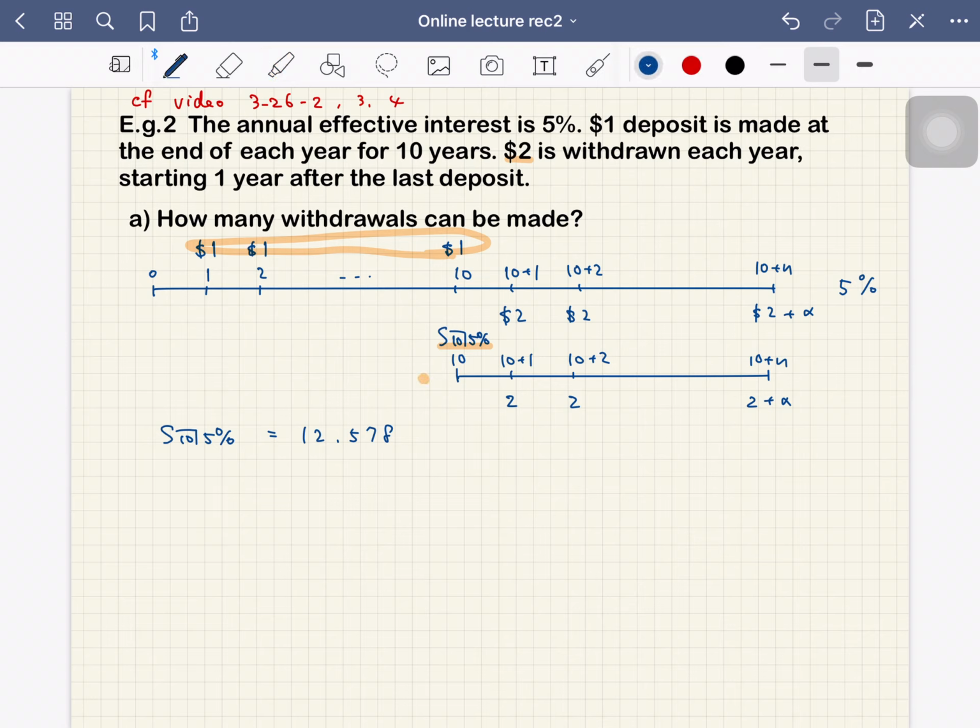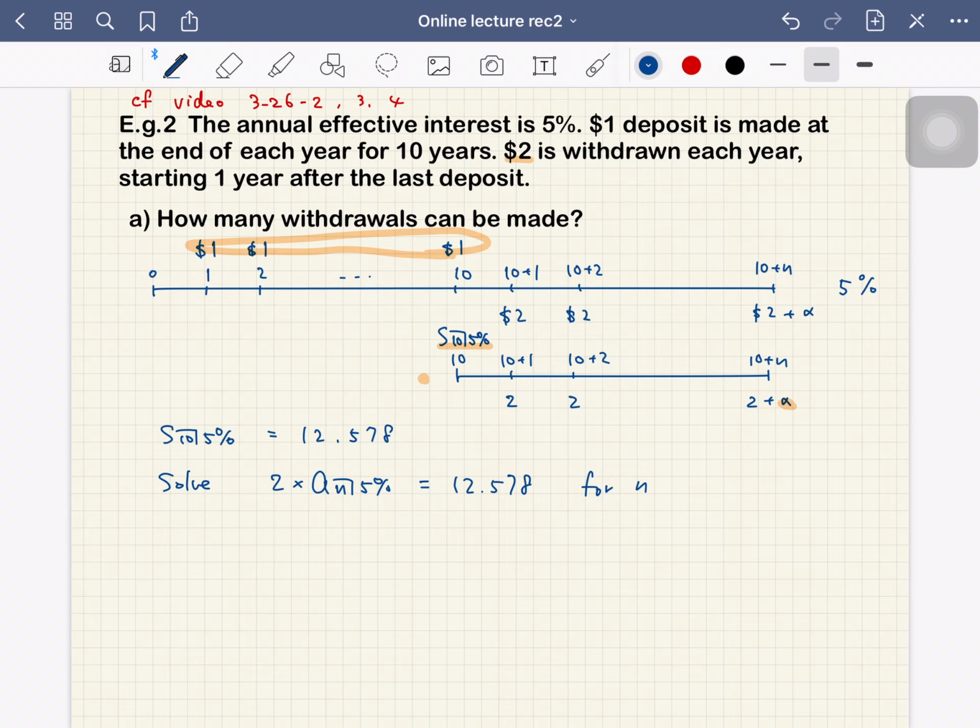And next we want to solve this time diagram. So solve 2 times a angle n at 5% is equal to 12.578. Basically, we just ignore this balance alpha and we solve this. By the BA II Plus calculator, you can calculate n from this.